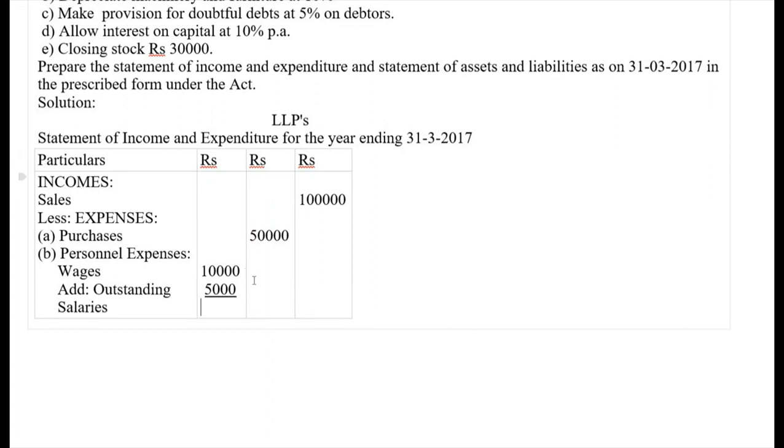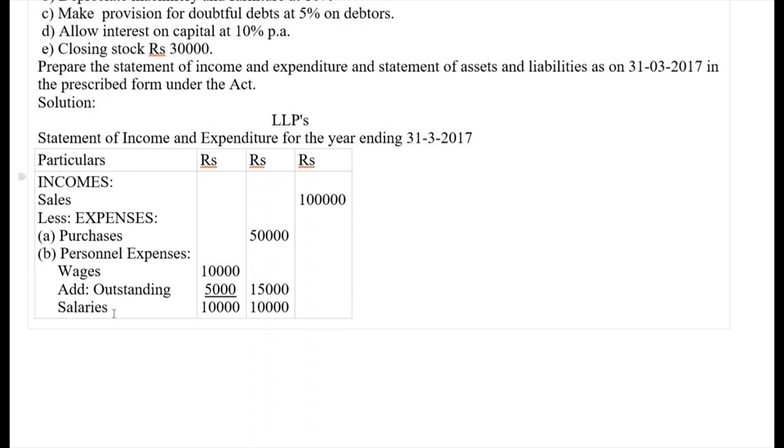So salaries, which is given in the problem as rupees 10,000. So 10,000. So 15,000 is the wage and salaries are 10,000 here. Otherwise we can take it to the total also. That is the better method.